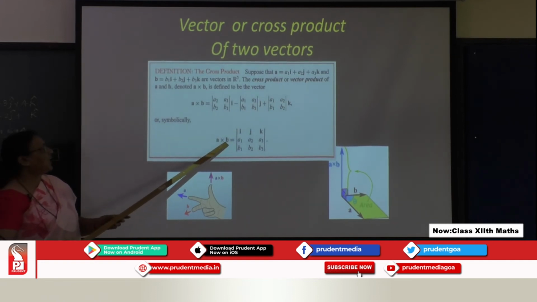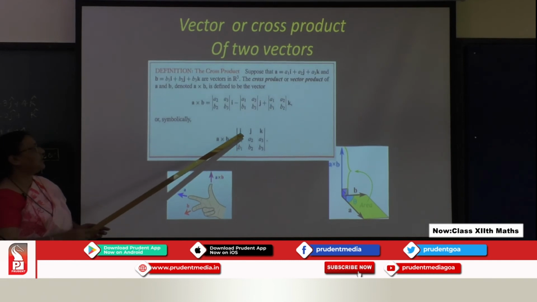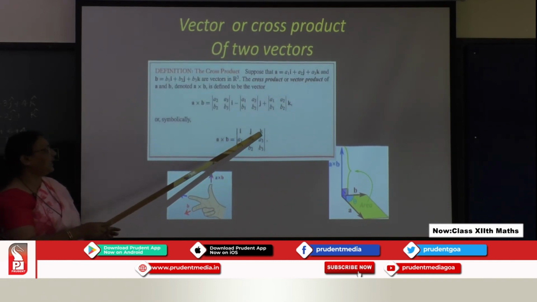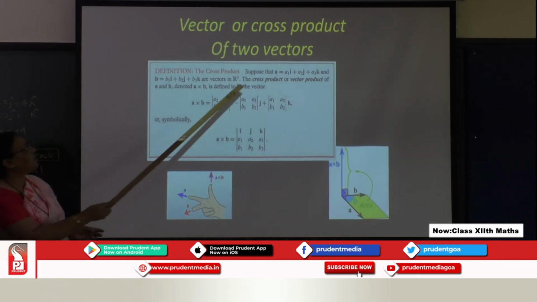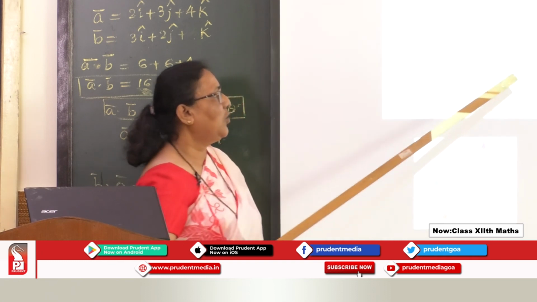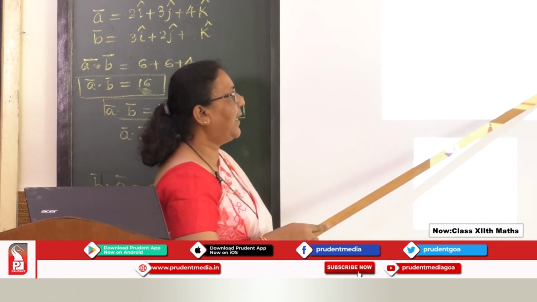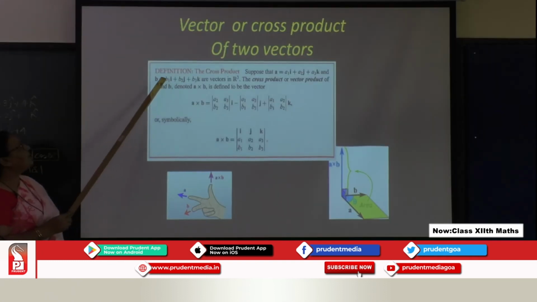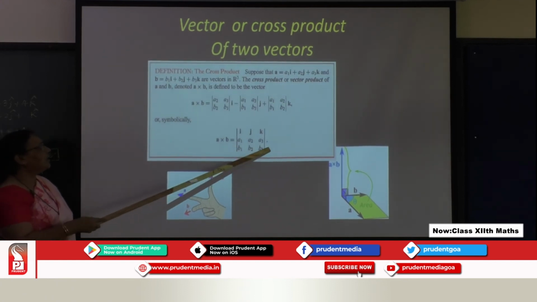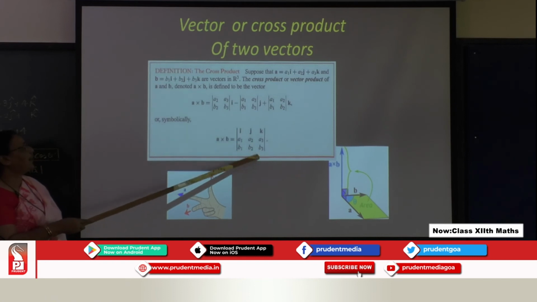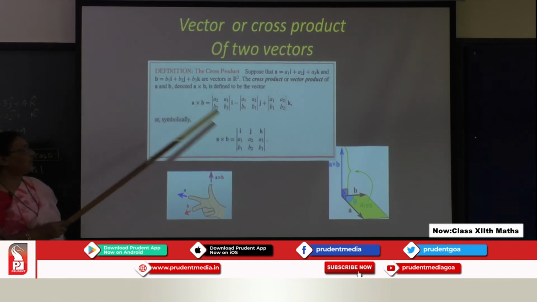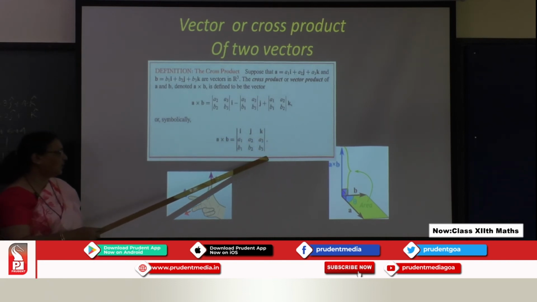So a cross product is written as a determinant of I, J and K. Then the coefficients of vector A, that is A1, A2, A3, you write as the second row, and B1, B2 and B3 as the third row, and then you simplify. After that you will get the result. So while simplifying you have to write it as a determinant.